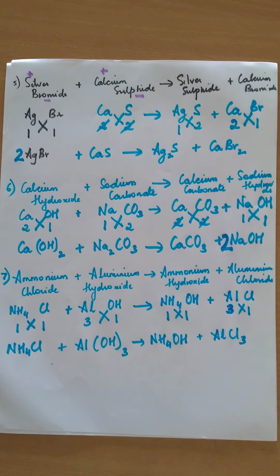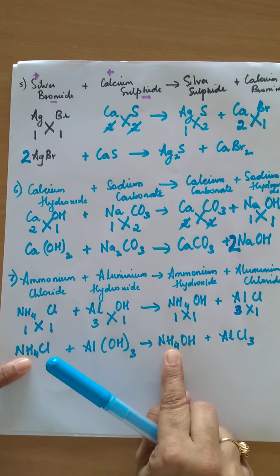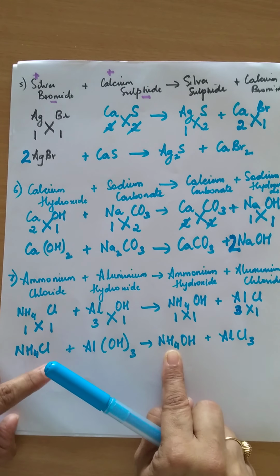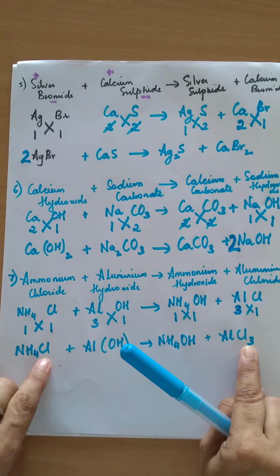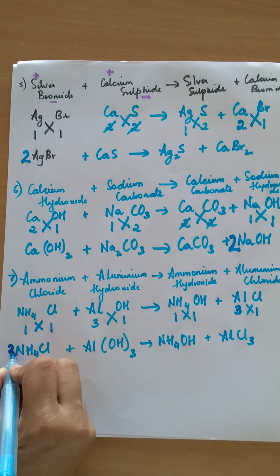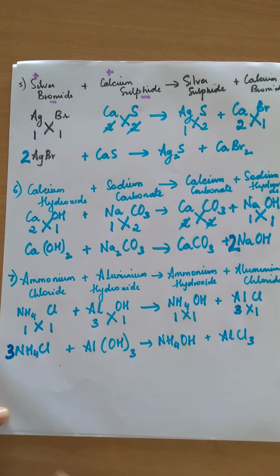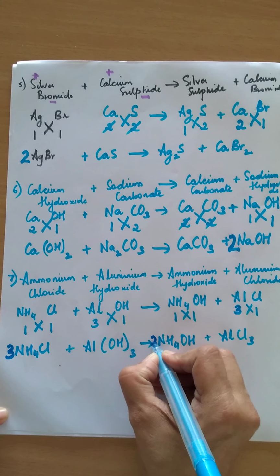Now let us balance this equation. You have one NH4 this side, you have one NH4 this side. So NH4 is balanced. You have one Cl here and here you have 3 Cls. So you have to make this 3. To make this 3, you cannot write 3 here, but you write 3 in front of the compound. When you write 3 here, NH4 gets 3. So to make this NH4 3, you write 3 here.